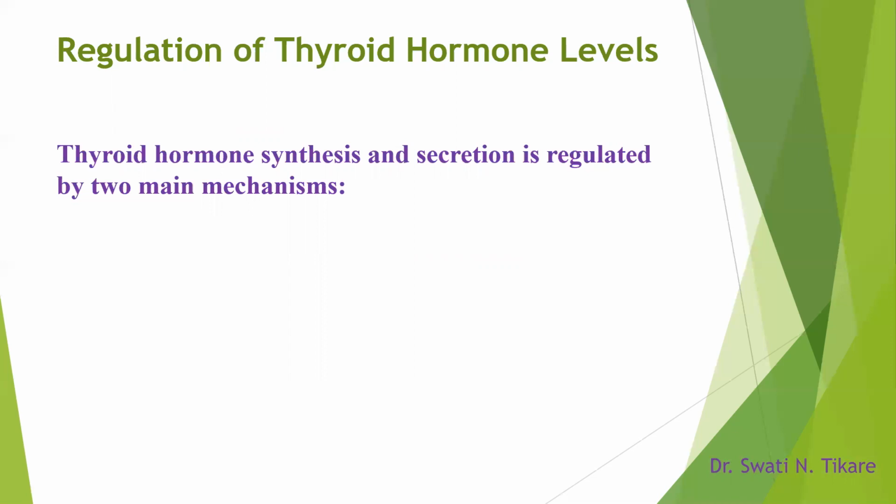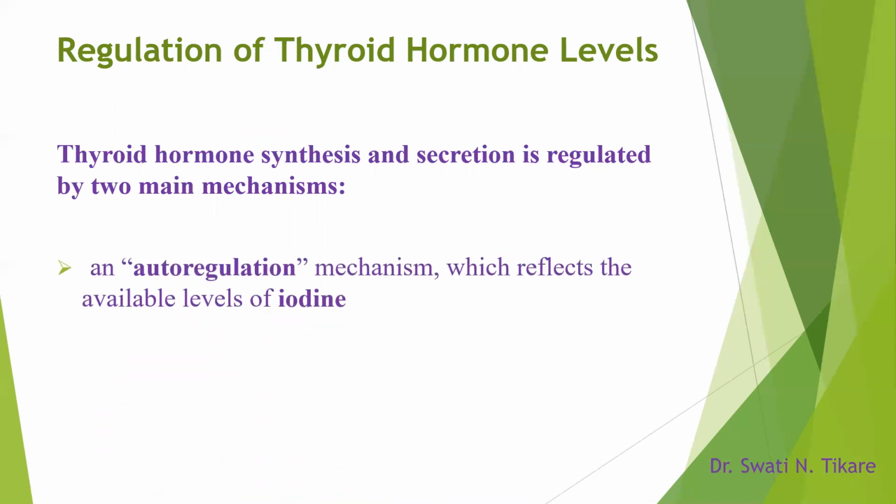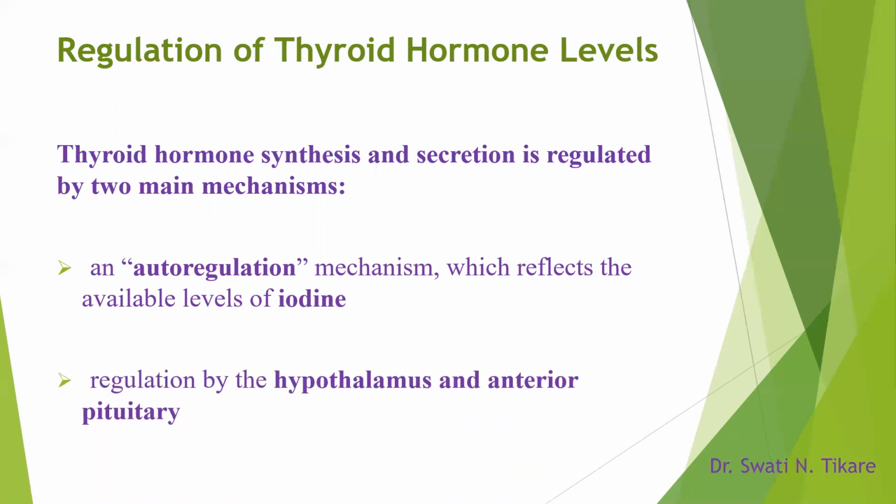So these will be the two ways: the autoregulation mechanism, which regulates based on the levels of iodine, and second, regulation by the hypothalamus and anterior pituitary. Let's see how iodine regulates the thyroid hormone first.